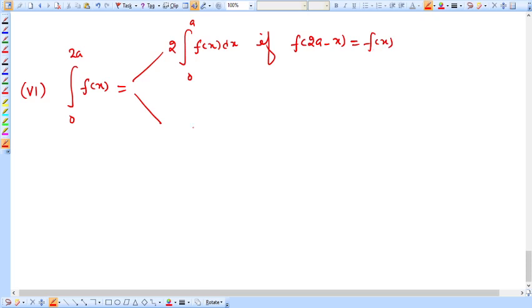And secondly, it is equal to 0 if f of 2a minus x is equal to minus f of x. So pretty simple it is.